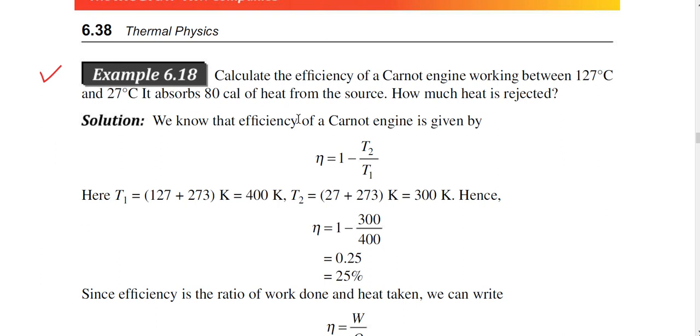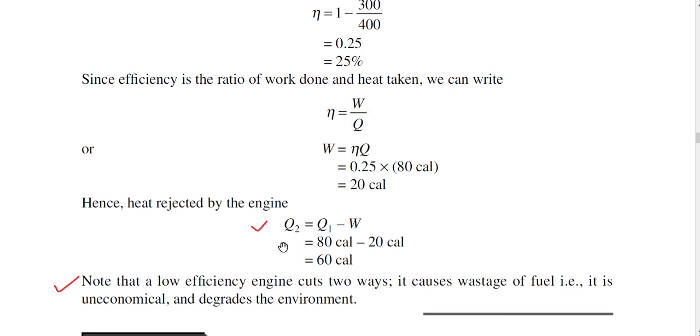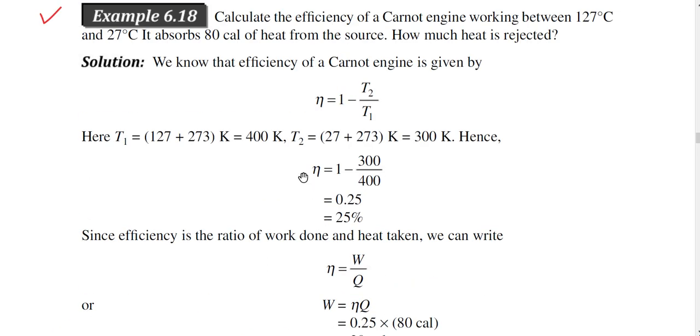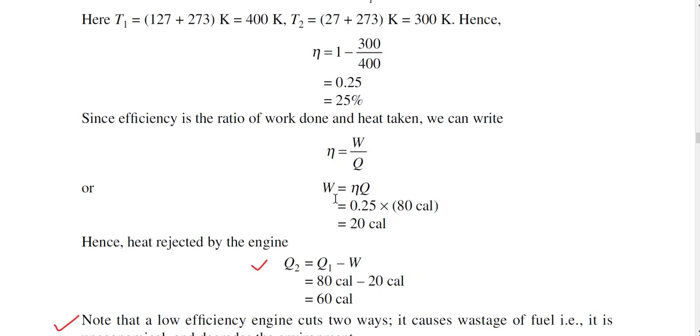So this is heat taken, Q1, from the source, and Q2 is the heat rejected. So heat rejected Q2 will be equal to Q1 minus W. Q1 is given in the problem, and we have calculated W in the previous step, so we can calculate Q2, that is 60 calorie. So it is absorbing 80 calorie of heat from the source, and it is rejecting 60 calorie of heat.